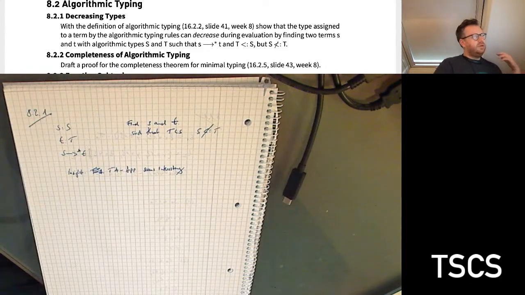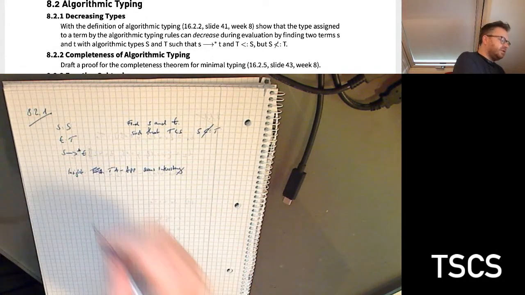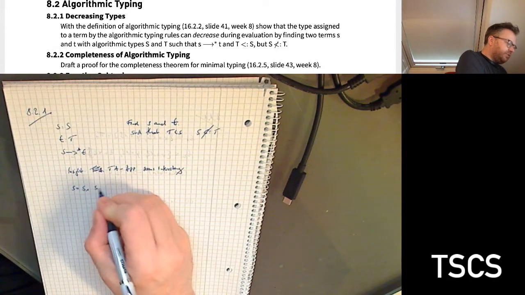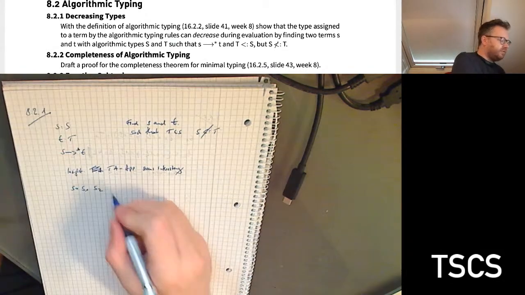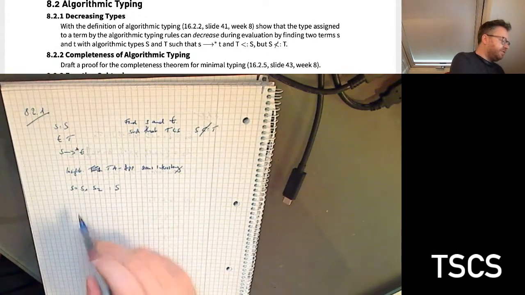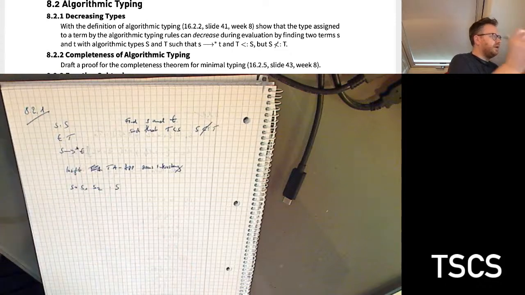If the T-app rule is the thing we want to play around with, then let's make our terms in the form that we actually have an application. So we're free to find S and T in the way we want. So let's say that S is an application of S1 to S2. We can decompose this. And of course, the output of this, because it is equal to S, must be of type big S because we forced that up here.